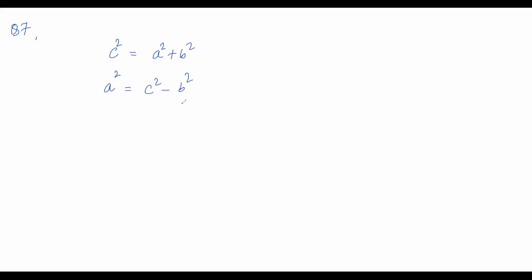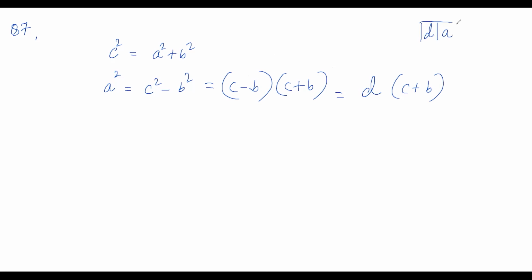Because we have c minus b equals d. So if we factorize it, we are going to get c minus b times c plus b. And we know that c minus b is equal to d. So this is d times c plus b. And also remember that d divides a. So let me write down the two conditions.